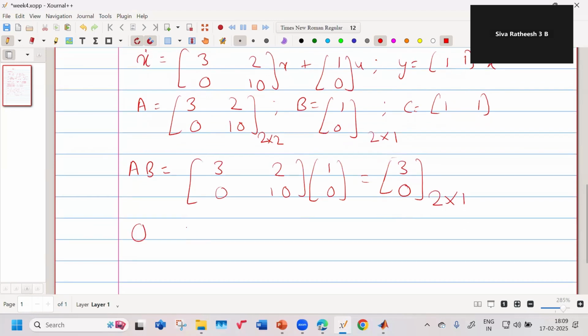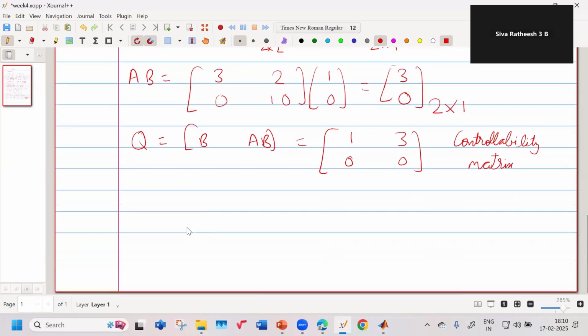So the controllability matrix Q is actually given by B and AB. B is [1; 0], and AB is [3; 0]. Now we have found the controllability matrix.